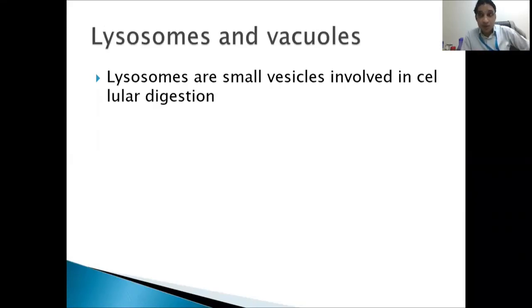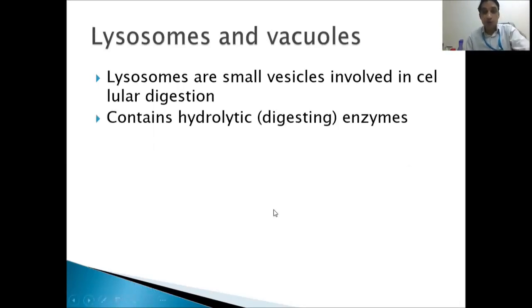And lysosomes are also small vesicles. They are small spheres present within the cell, which contain many important chemicals, enzymes, and ingredients executing definite functions, which I am going to share with you, and their job.